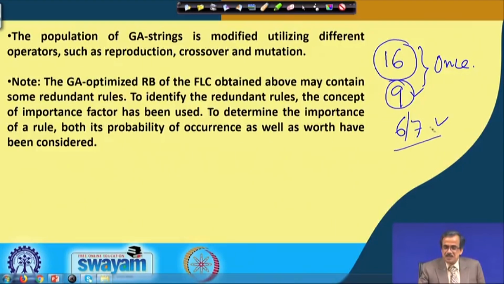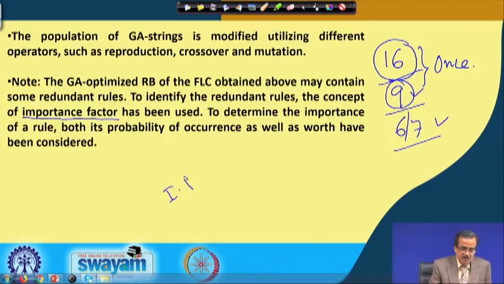Now, if I follow this principle, that means there are some redundant rules, and those redundant rules we will have to identify. To identify the redundant rules, we introduced one technique, where we calculate what we call the importance factor, denoted by IF.